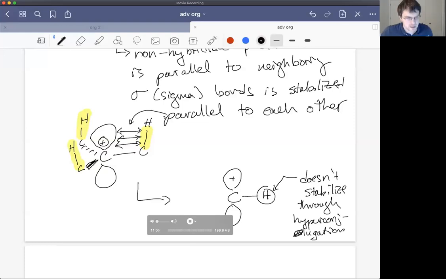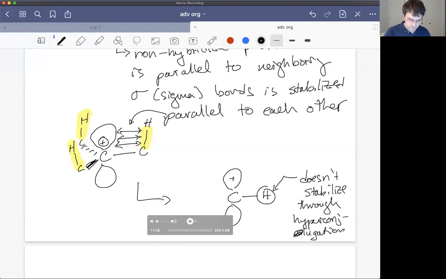Now here, the electrons don't really exist, so there's not really conjugation. It's just an electron cloud is felt and dissipates a little bit closer to the neighboring carbocation to provide some stability. So it's not full-blown conjugation. It's kind of reaching and overextending itself, so we call it hyperconjugation.